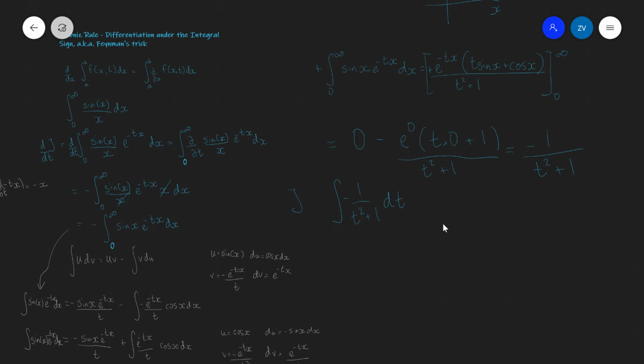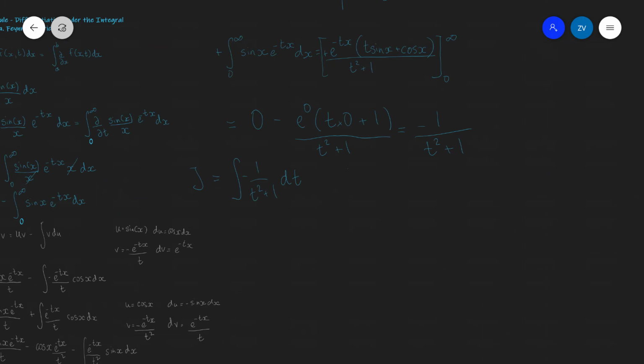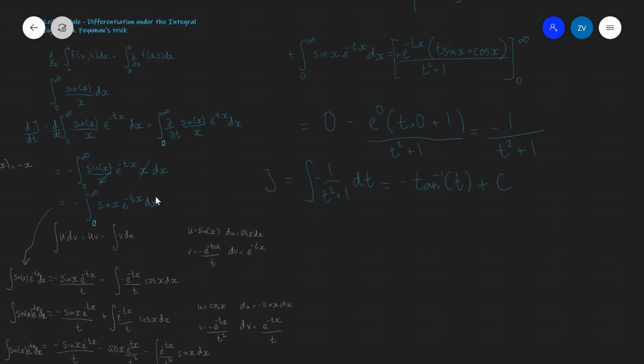So the integral of minus 1 over t squared plus 1 dt will actually give us our function j, which will then of course be equal to negative inverse tan of t, and because this is no longer a definite integral when we are integrating with respect to t, I'm going to add in a constant of integration. Now this function j was actually the new function that we invented in order to cancel out this x over here.